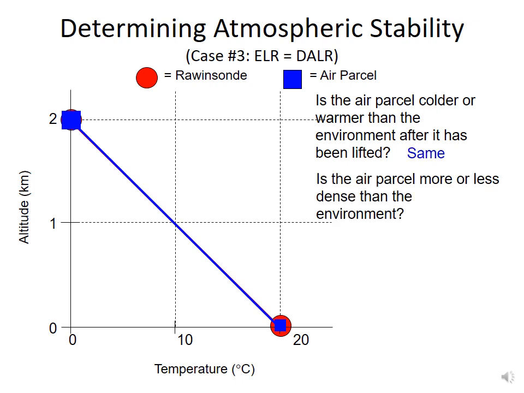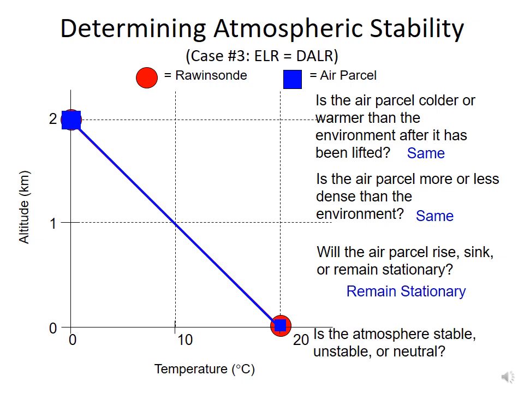How is that going to affect the density? It's going to be the same. Is it going to want to rise, sink, or remain stationary? Well, there's no buoyancy involved because it has the same density as the environment, so it's going to remain stationary. And by definition, that's going to be a neutral situation. And the only thing that's changed in all of these is the environmental lapse rate.